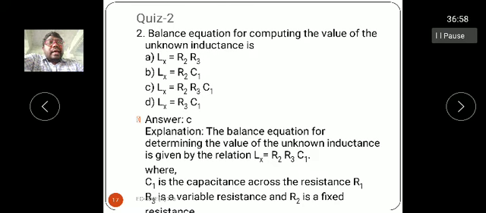Here, the balance equation for computing the value of the unknown inductance is Lx equals R2 R3 into C1.